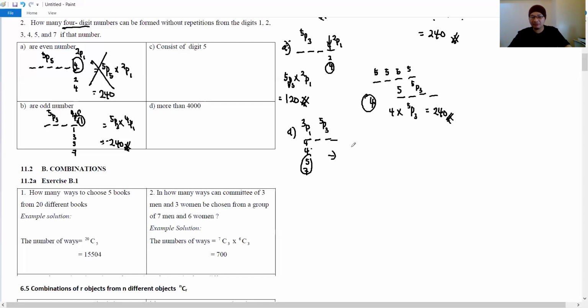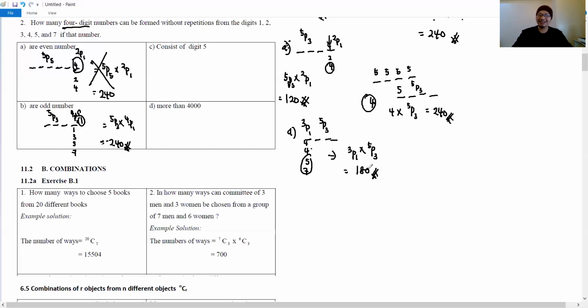So the final answer will be 3P1 times 5P3. So berapakah jawapan beliau? 3P1 times 5P3. Okay, this is the answer that we are supposed to get: 180. So that's all for question D.